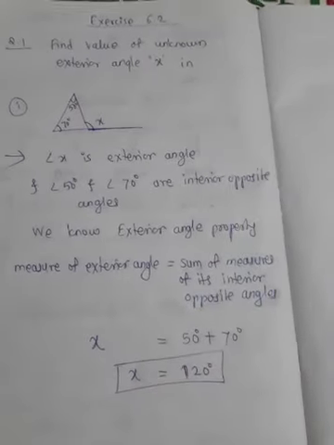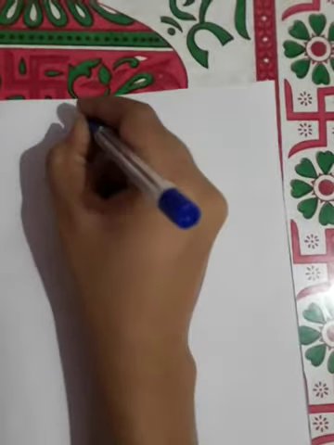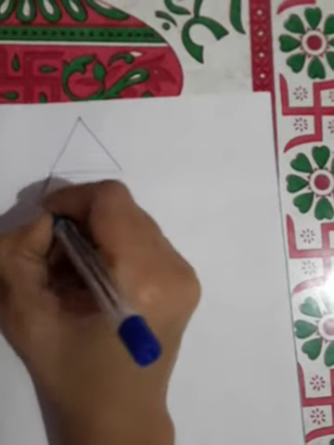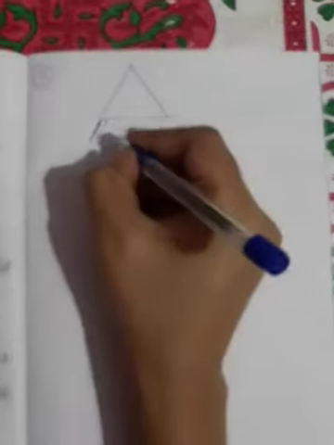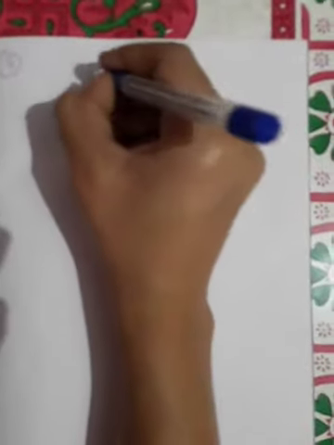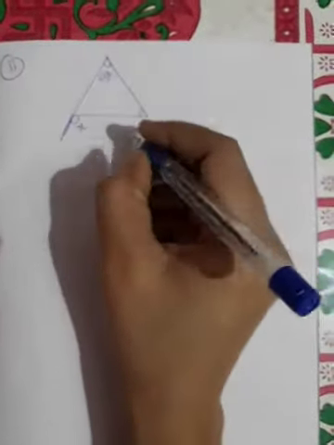Okay, now see second diagram. In second diagram this is exterior angle x, and we have given interior opposite angles 65 degree and other is of 45 degree.